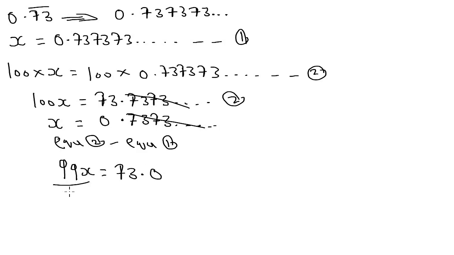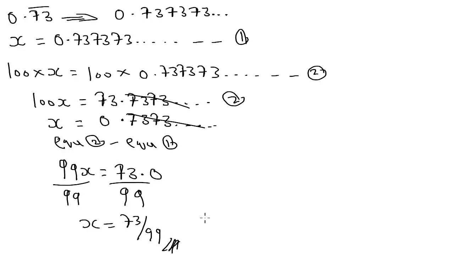So if we divide through by 99, we have our value of x equal to 73 divided by 99. This should be our final answer, the fraction corresponding to the recurring decimal 0.737373 repeating.